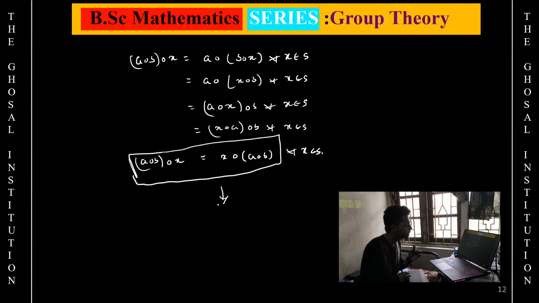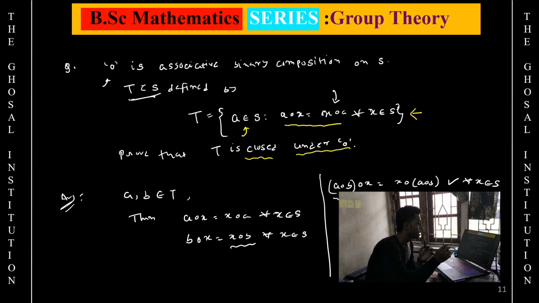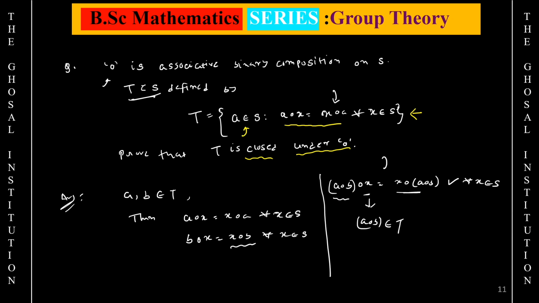So it means T is closed under this composition. That's a very easy thing. First of all, you have to write the set, and if you understand what it means, you just calculate it. The second important thing is that you have to prove that T is closed.